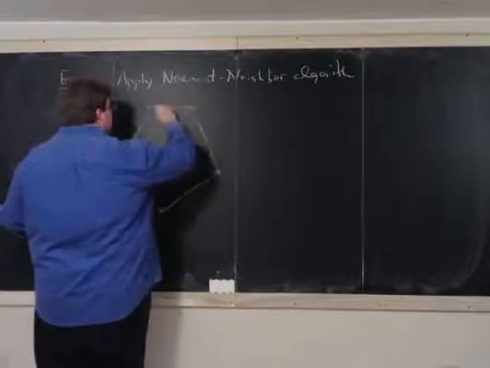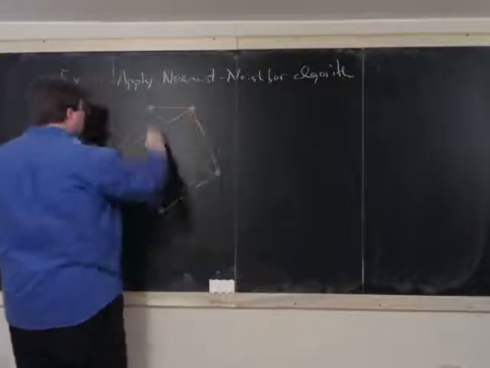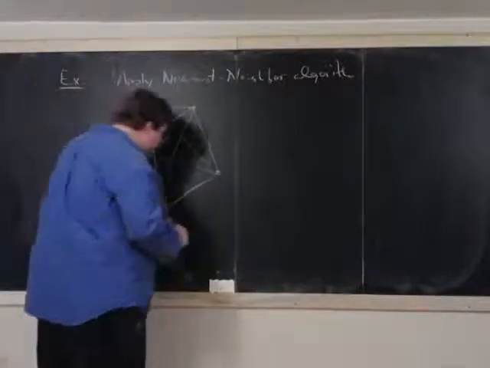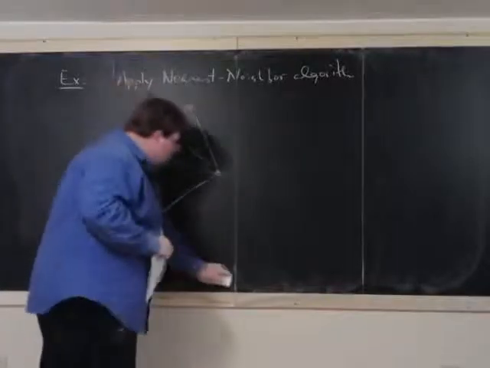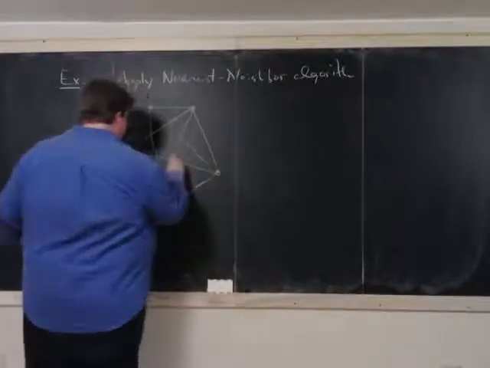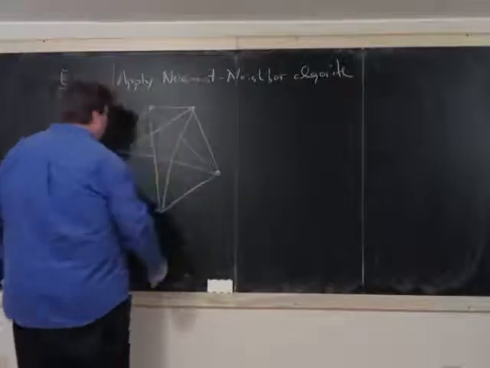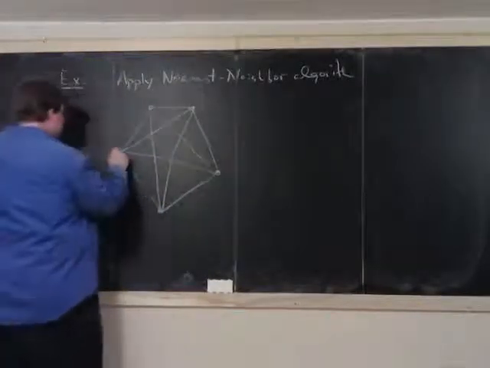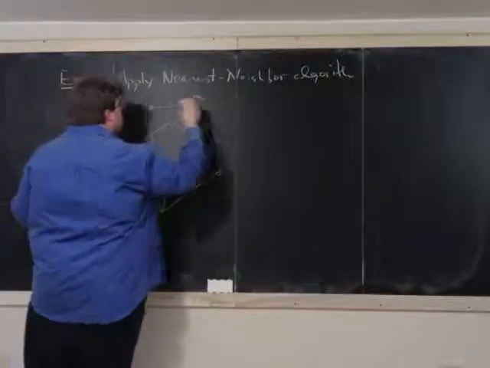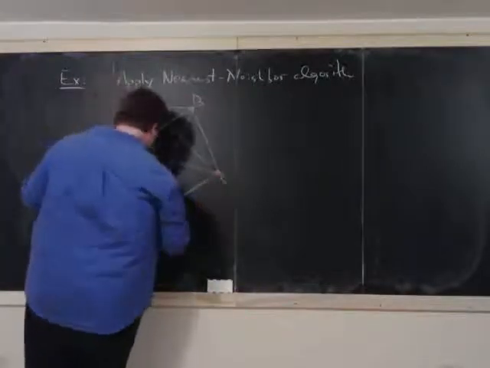Let's complete the graph. That looks awful. Down here, it looks awful. So there's the completed graph. Let's label these nodes, vertices, or nodes, same thing.